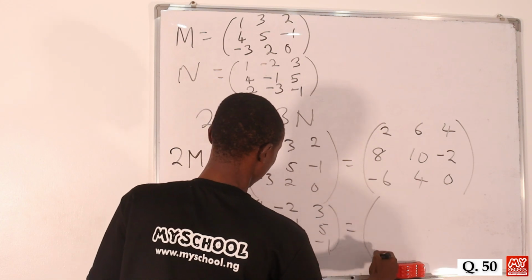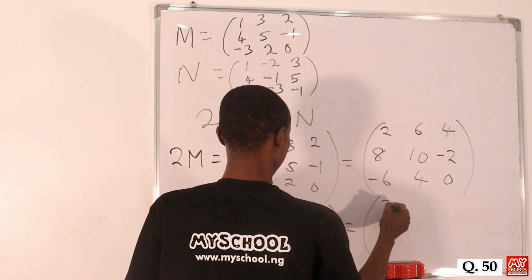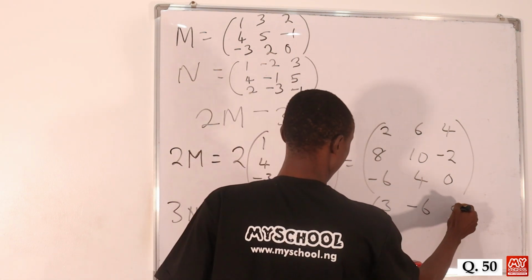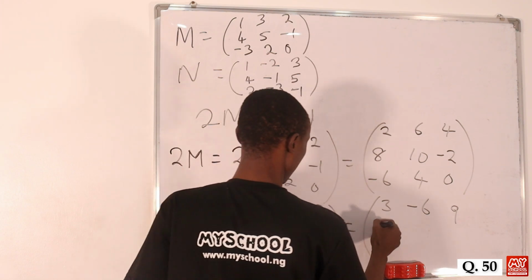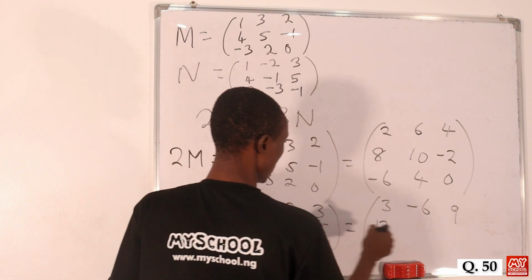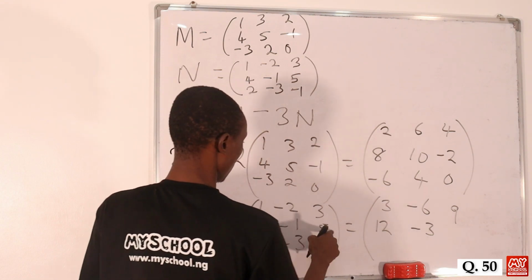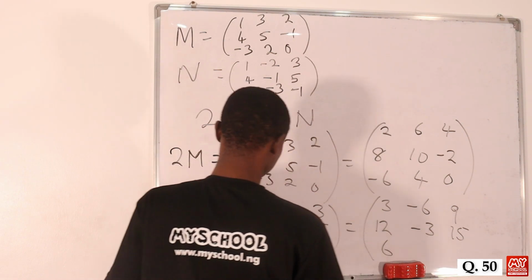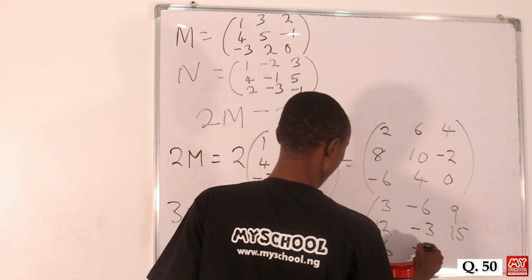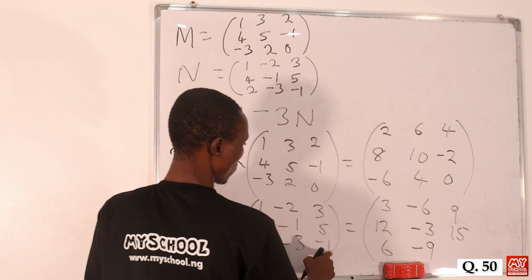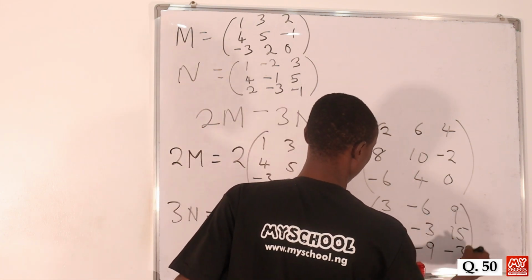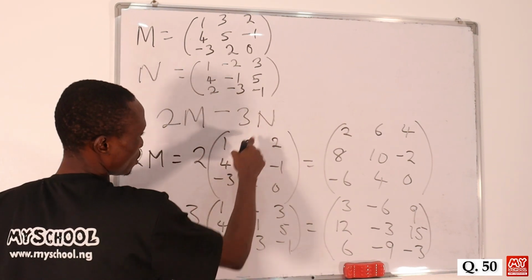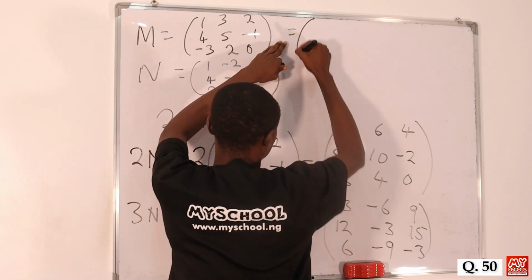And this will be equal to 3 times 1 is 3, 3 times minus 2 is minus 6, 3 times 3 is 9, then 3 times 4 is 12, 3 times minus 1 is minus 3, 3 times 5 is 15, 3 times 2 is 6, 3 times minus 3 is minus 9, 3 times minus 1 is minus 3.